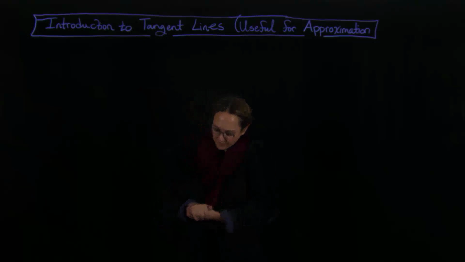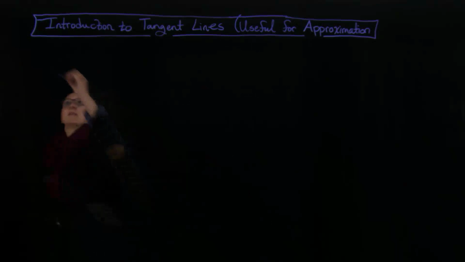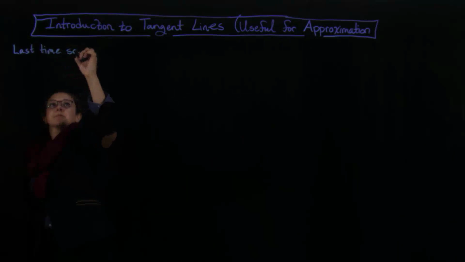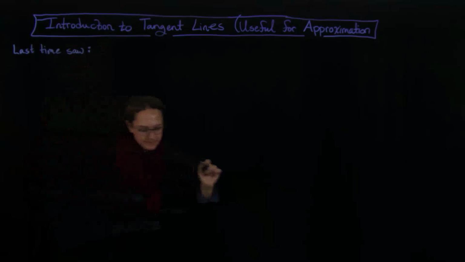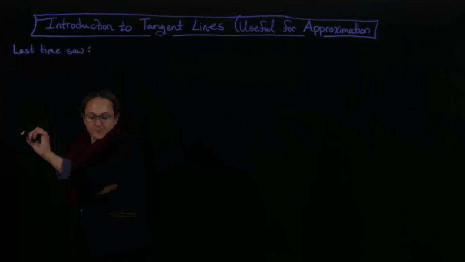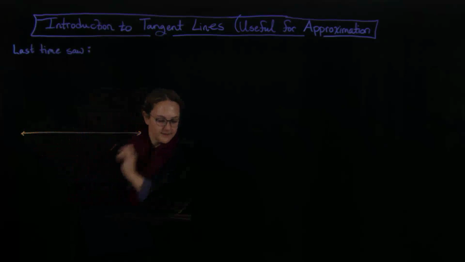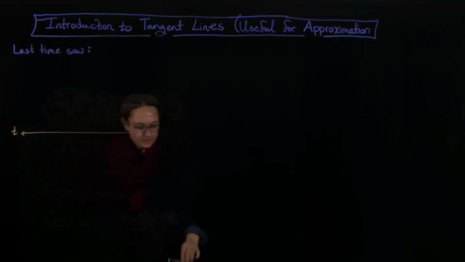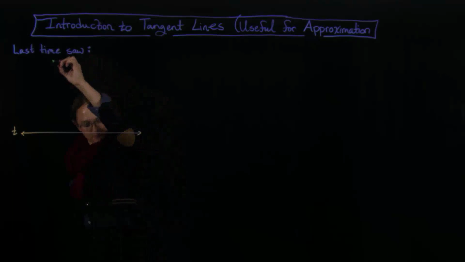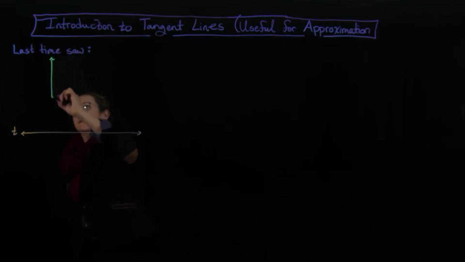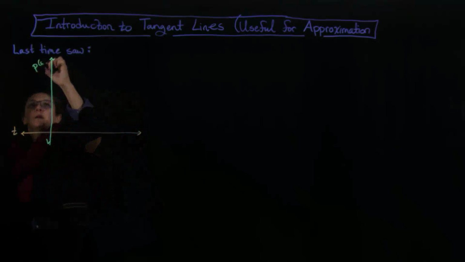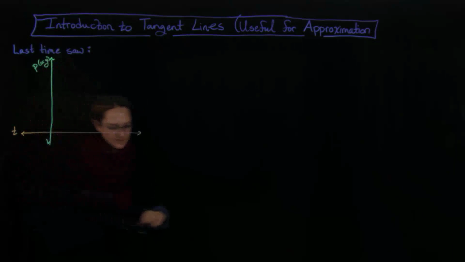Last time you saw a particular kind of picture I'm very fond of. Maybe you have t here, and then this could be p or y, depending on who you are and how you like to write these things.